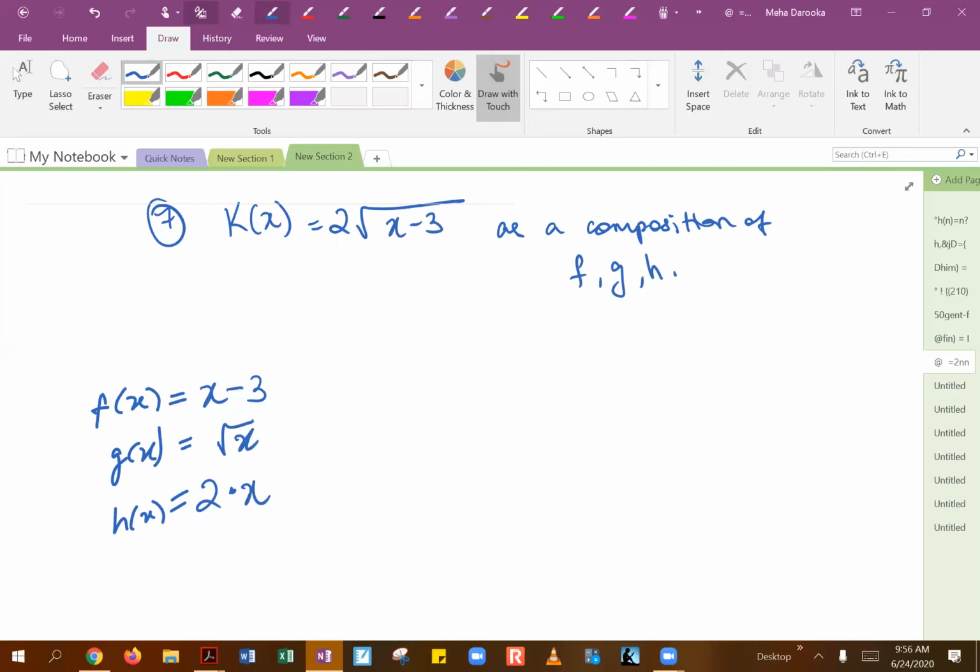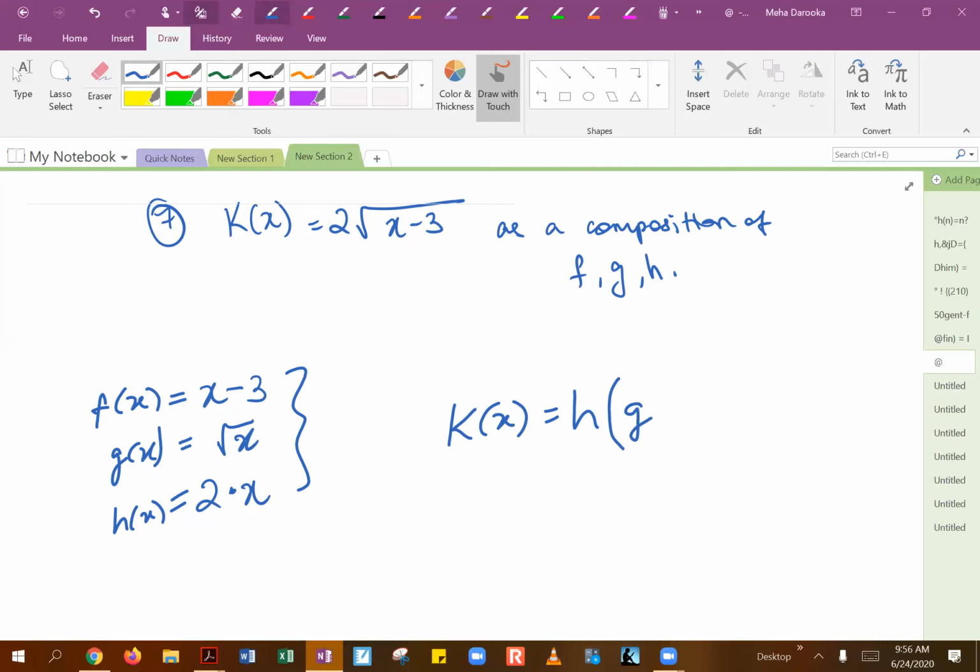So remember, we are working from the inside out when you are doing the composition here, which means when we try to break down our k of x function, the last thing you are going to do is multiply by 2, which means the h has to be our outermost function. The second last thing we did was take the square root, which means the g is going to be our middle function.